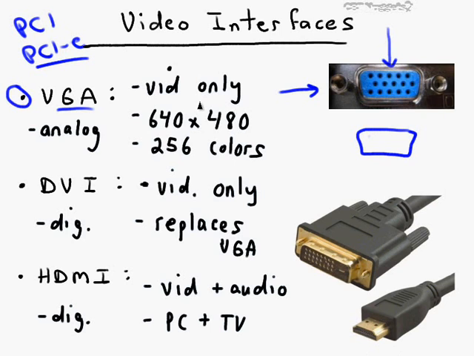VGA is really considered kind of an archaic or legacy video interface. It carries only a video signal, so you'd need to have a separate audio interface to support audio with your video. VGA not only refers to this form factor or this connector type, but also refers to standard monitor resolution. That is to say 640 by 480 pixels, 256 colors.